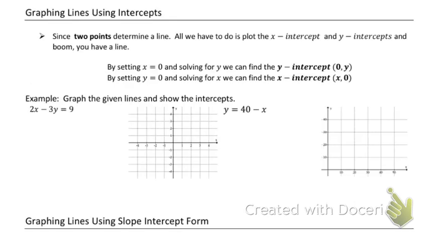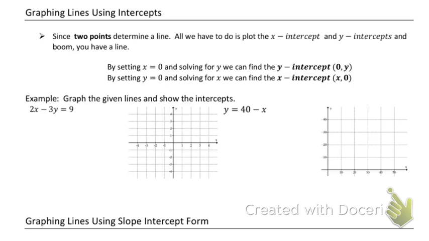All right. We're going to cover 2 ways to graph lines. The first way we're going to talk about is graphing lines using intercepts. These work well as long as our intercept isn't like 6,000 miles in the opposite direction. So, by setting x equal to 0 and solving for y, we can find the y-intercept. So letting x be 0 gets us our y-intercept.